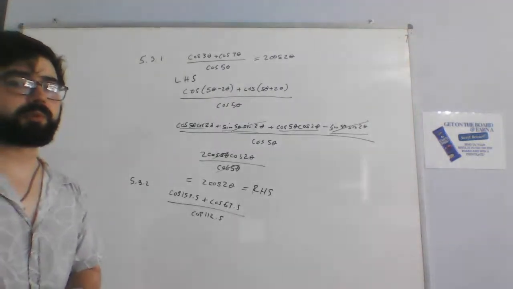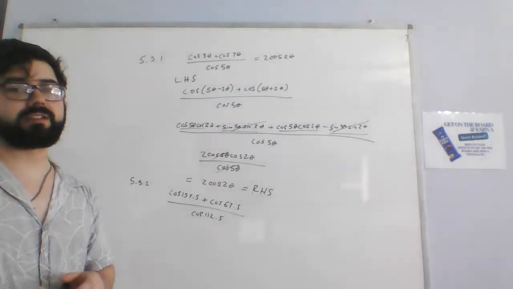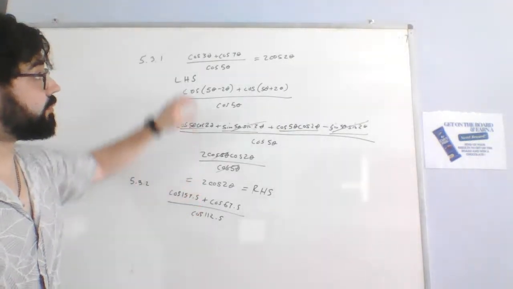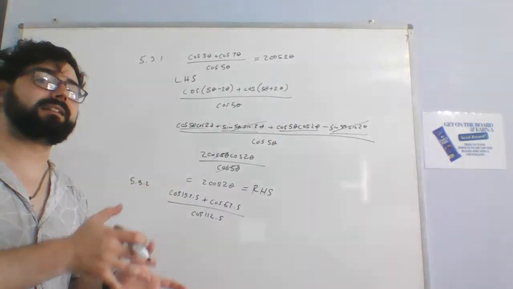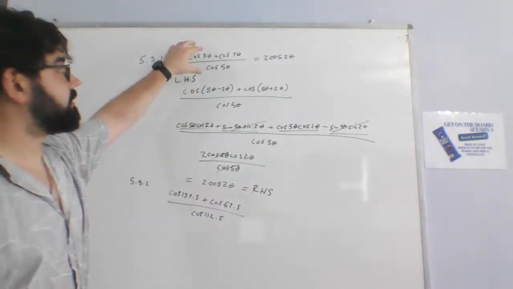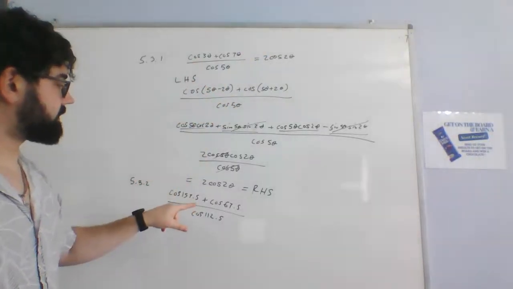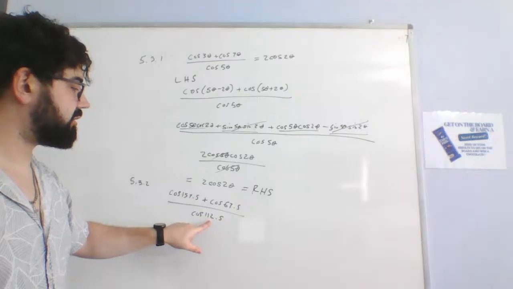So there's two things here. We're probably going to end up with special angles because we need to evaluate. The other thing is that we've also got something which roughly fits the format of the original identity. So when you've got a question that says hence, you want to apply that identity that you've just worked through. We want to go from this form to that form. We've got cos of 157.5, cos of 67.5, cos of 112.5.